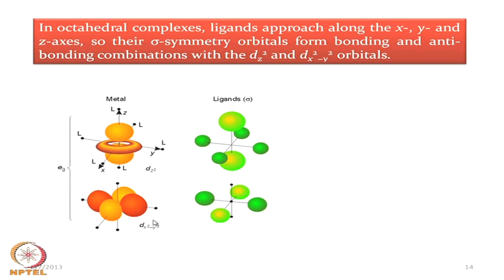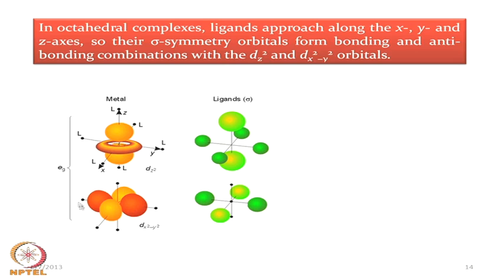Now the ligand will also provide this particular level, as we have shown just now, with the ligands approaching from the z direction. So, these two are basically overlapping with the dz square orbital, where the ligand is directed along the z direction.